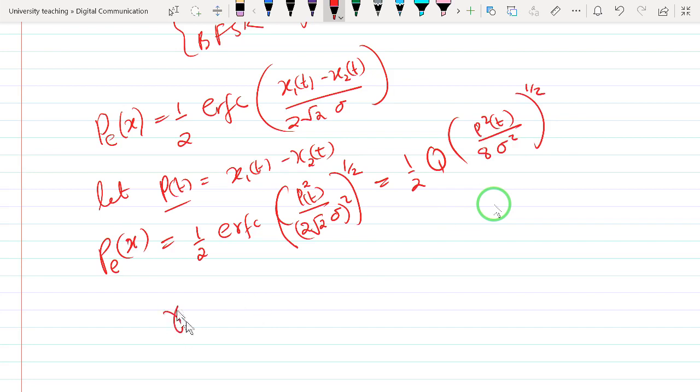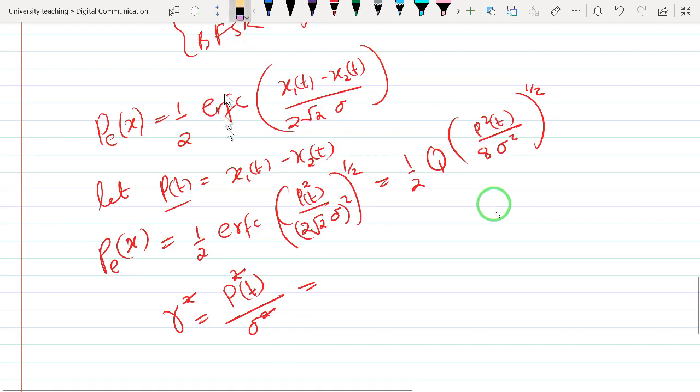We know that the signal to noise ratio is normally given by the energy of the signal that is being transmitted divided by the energy of the noise that is accompanying the signal, and therefore I'm just adding this square to represent what we have here. If I decide to remove that square, we can say that the maximum signal to noise ratio gamma can be expressed as such, and therefore we need to replace it in this equation so that we are expressing the probability of error in terms of signal to noise ratio.